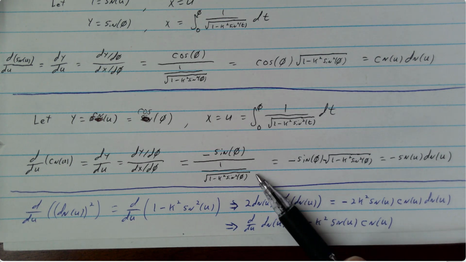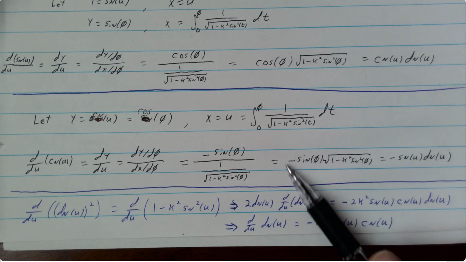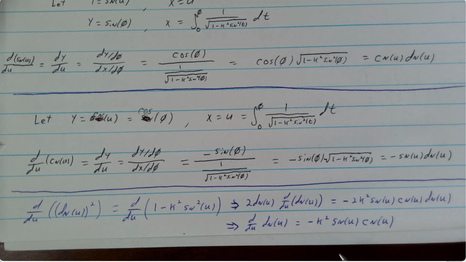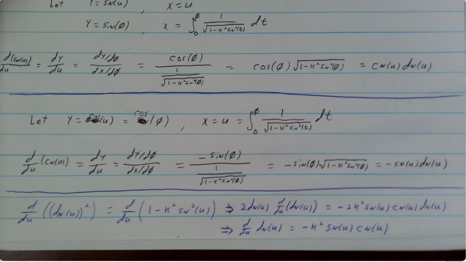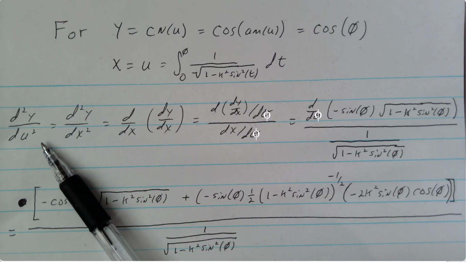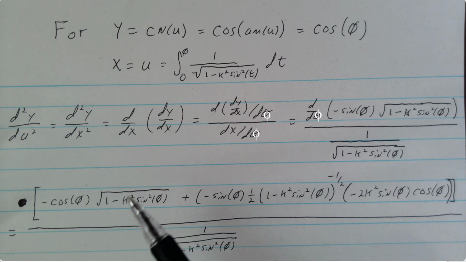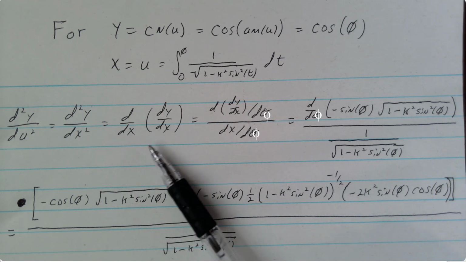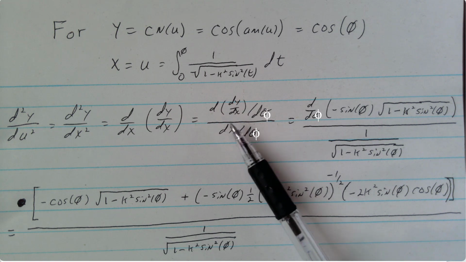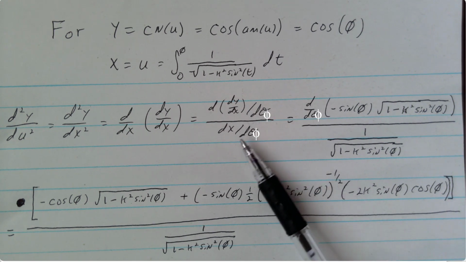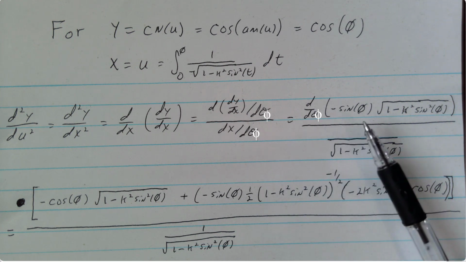That'll be negative sine phi over dx d phi, easy to see. Flip it up, and you get that. Here I got dn u through the properties. But this allows me to get the second derivative. The second derivative will be d squared y dx squared, which is d dx of dy dx, which is d of dy dx d phi over dx d phi. And so I have to take the derivative.